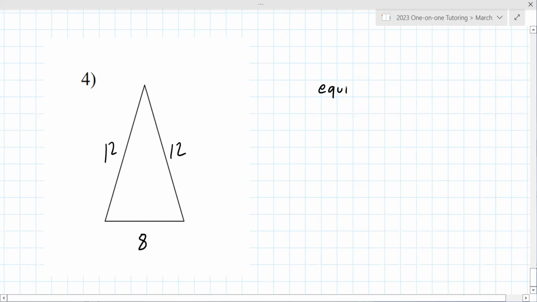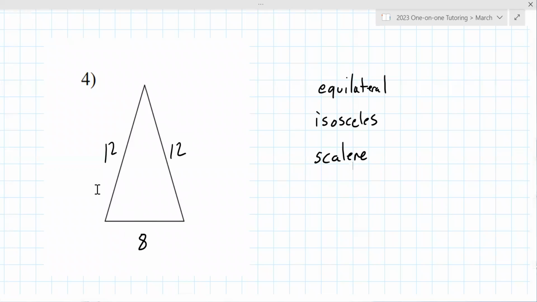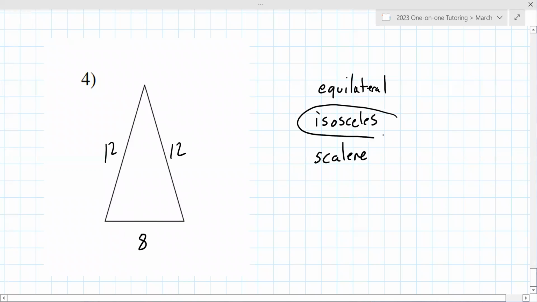Is this equilateral, isosceles, or scalene? Equilateral. What does equilateral mean? Three sides are the same. Is this side the same as the other two? No. So it can't be equilateral. Isosceles. Yes, the C is silent, because there are two sides that are the same.